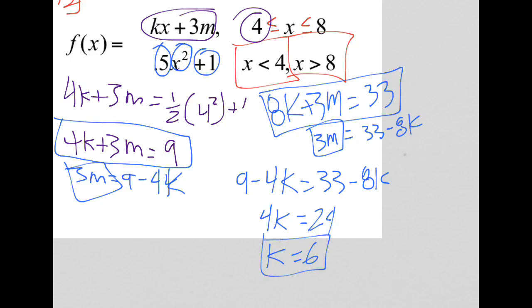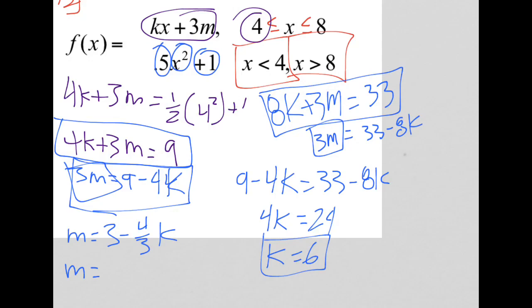But now, even cooler than that, I can substitute k back in to find m. So I'm going to use this equation right here just because why not? I'm going to get m equals 3 minus 4 thirds k, after dividing both sides of that equation by 3. And I'm going to substitute in my k value.